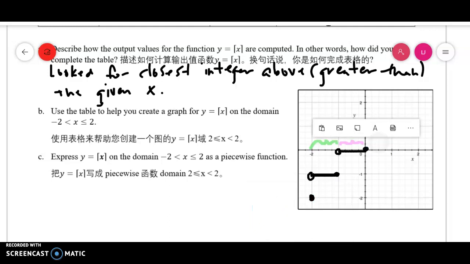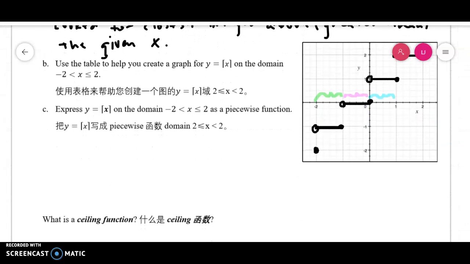So in this area, 0.5, 0.8, 0.9, their ceiling is going to be 1 because that's the next integer above it, except at 0 because 0 is an integer. And then the next set will have this area right here, and I guess we'll put that dot back in just to show that it ends. So this is a ceiling function.